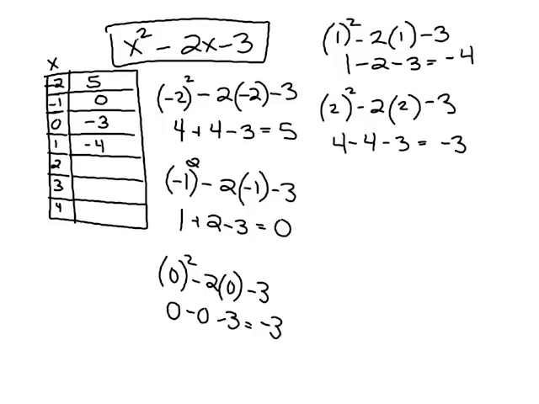The rules with negatives and positives, when you're adding or subtracting, you don't use those rules, do you? Or do you? You do. What's 1 minus 2? Negative 1. And then -1 minus 3.